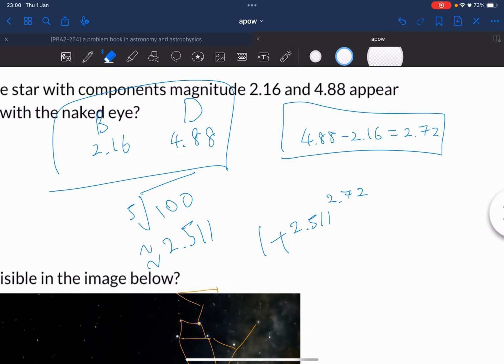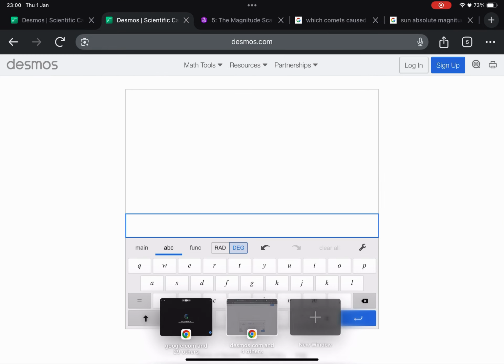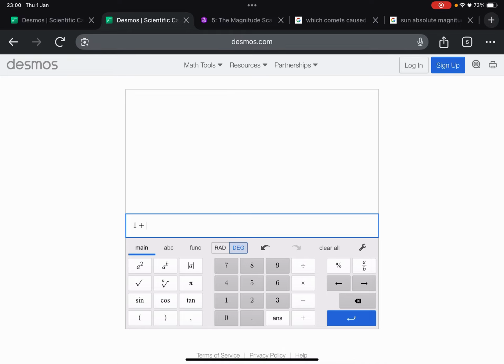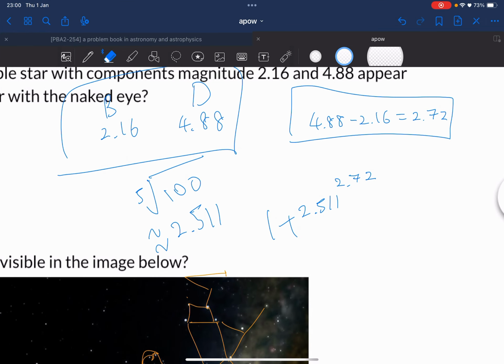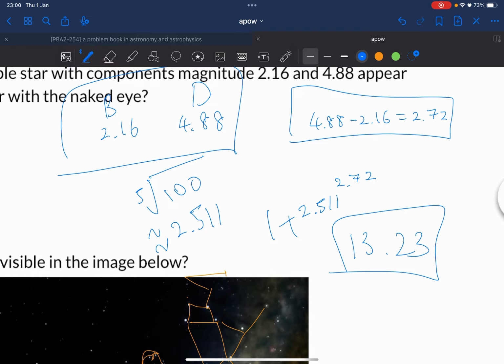One goes here. So 13.23. 13.23. So we're left with 13.23, so we know that's 13.23 times the original brightness.